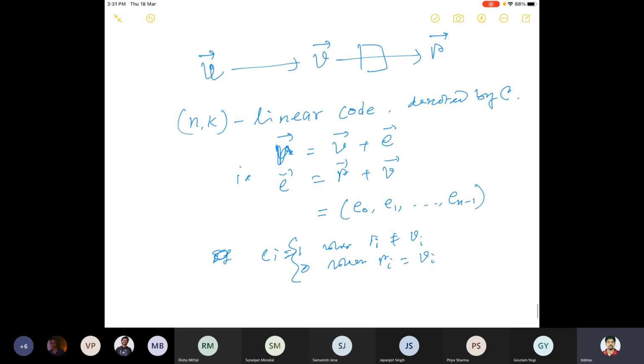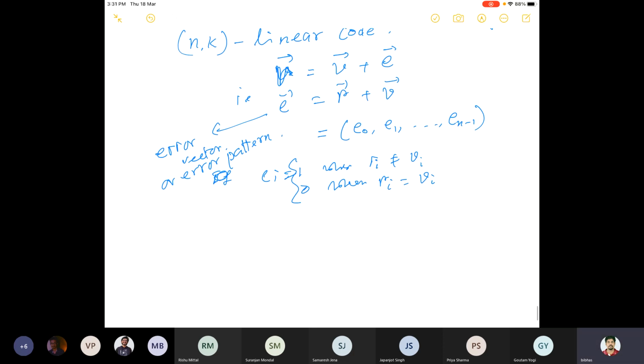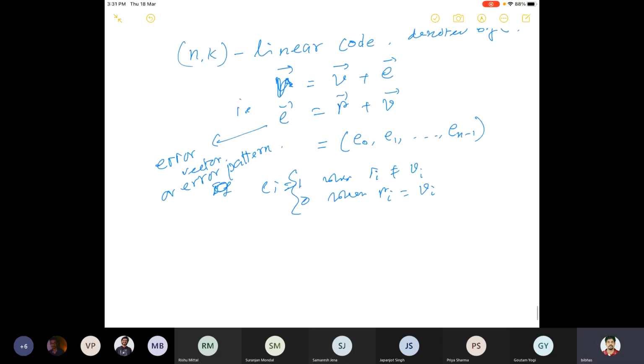So that's the error we have. This vector is called the error vector, or also called the error pattern. And the number of ones in the error vector is important, that means how many errors are made when the original code word V passed through the channel, due to this noise.